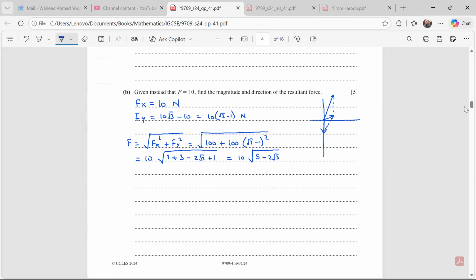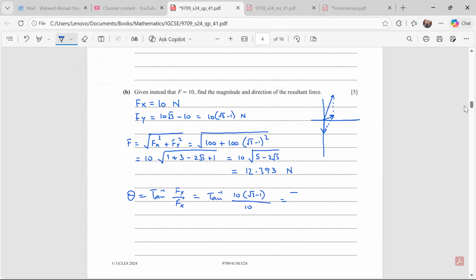If I find the exact value, it comes out to be 12.393. So this is the magnitude of the resultant force. The angle theta is tangent inverse of Fy over Fx. So it's tangent inverse of 10 times (root 3 minus 1) divided by Fx, which is 10.